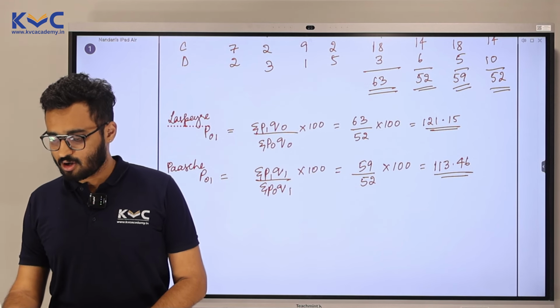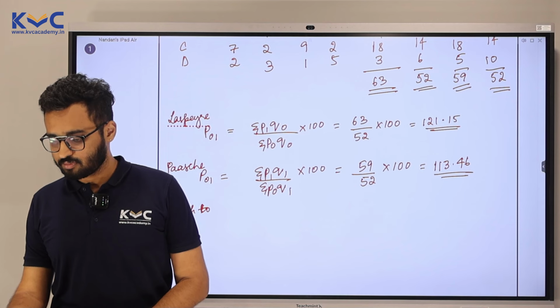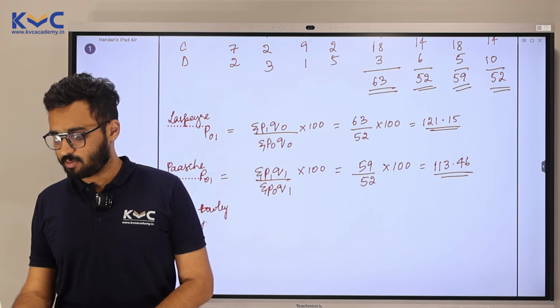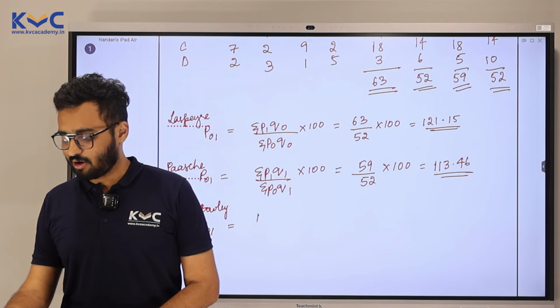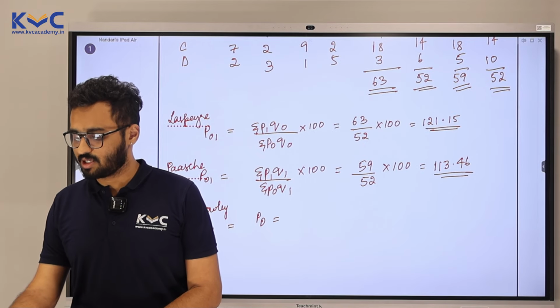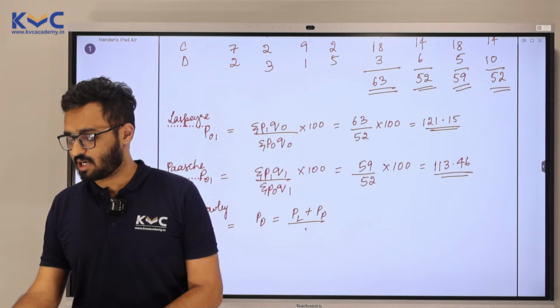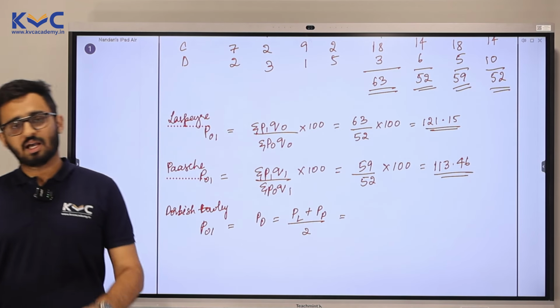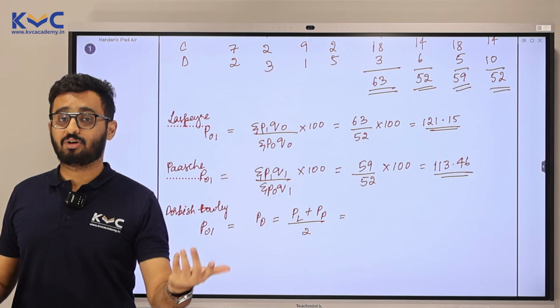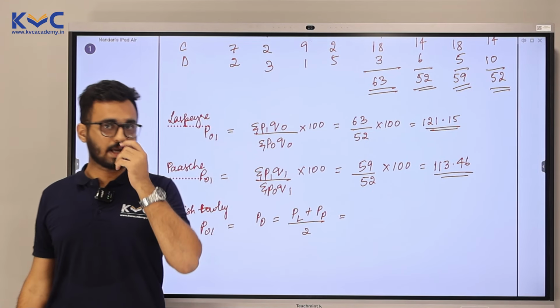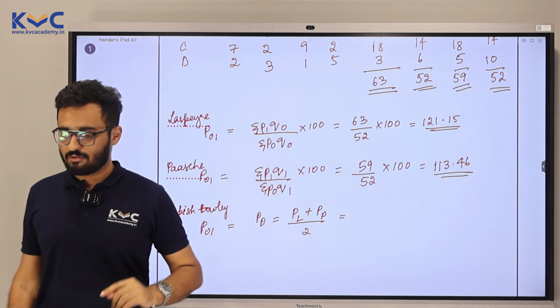So next is Dorbish-Bowley. One way of defining Dorbish-Bowley is Laspeyre's price index plus Paasche's price index divided by 2. Let's calculate this, and also in case we don't have Laspeyre's and Paasche's, how to directly calculate Dorbish-Bowley, that also we'll see.